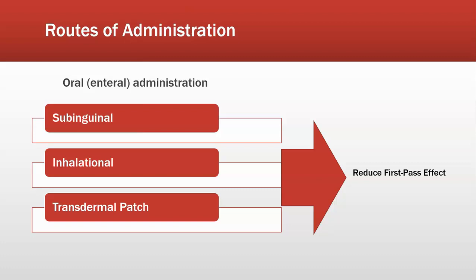Those all reduce the first pass effect. And transdermal patches have loading doses. So make sure your patient understands to rotate where they're putting that patch to avoid getting repeat loading doses in the same area. So that's going to be a part of your education.